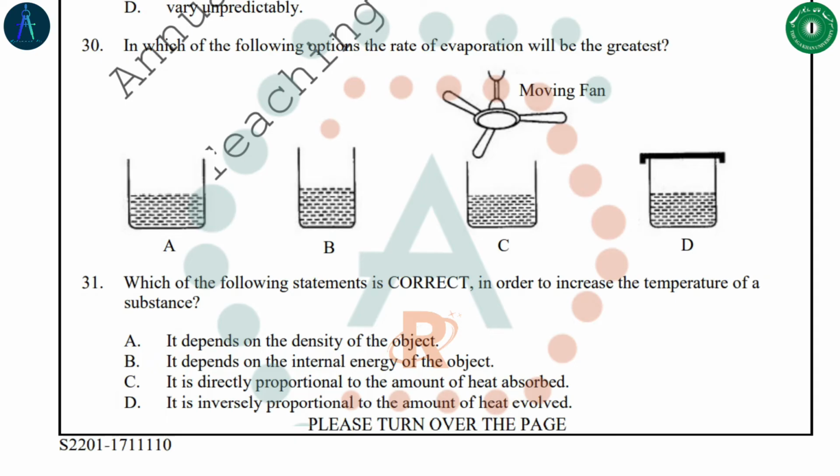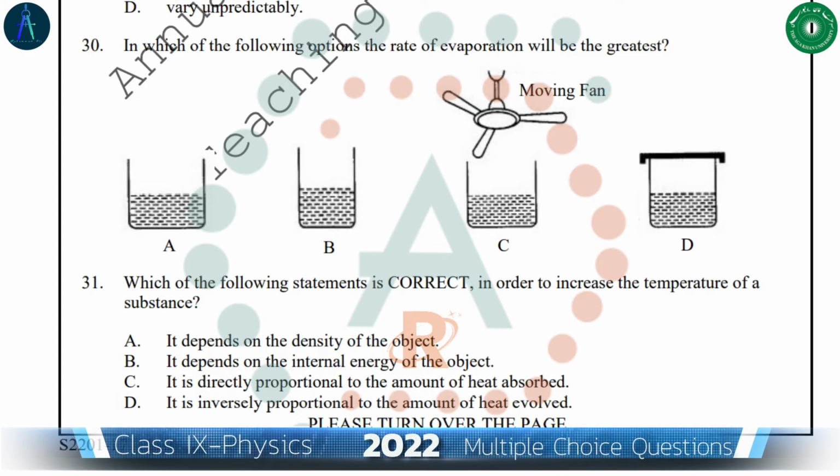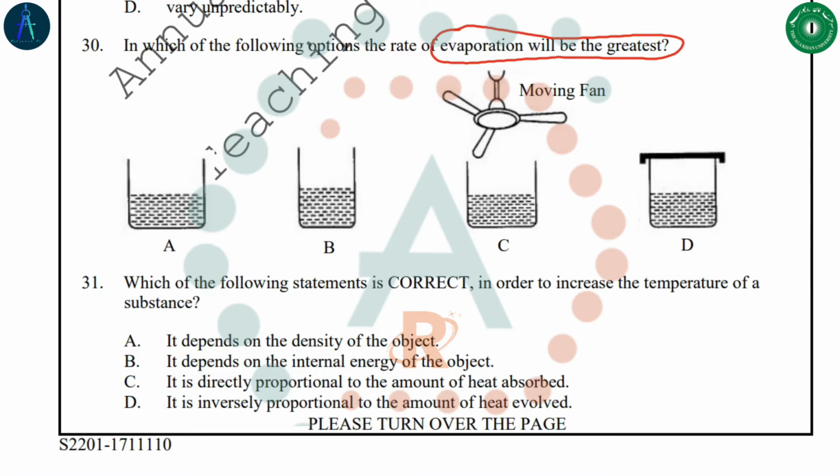Let's see questions 30 and 31. In which of the following options will the evaporation be greatest? So we know that the factors that increase the rate of evaporation are high temperature, greater surface area, and a high amount of heat.